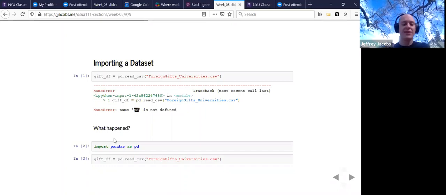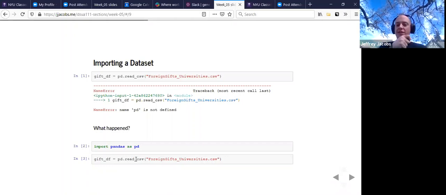I always do this because I want to show you what generates these errors. But if you do import pandas as pd, like we learned in class this time, we say pd and that tells Python, hey, this isn't a built-in function that I'm using, this is a function I call from that, and then it's read underscore CSV.